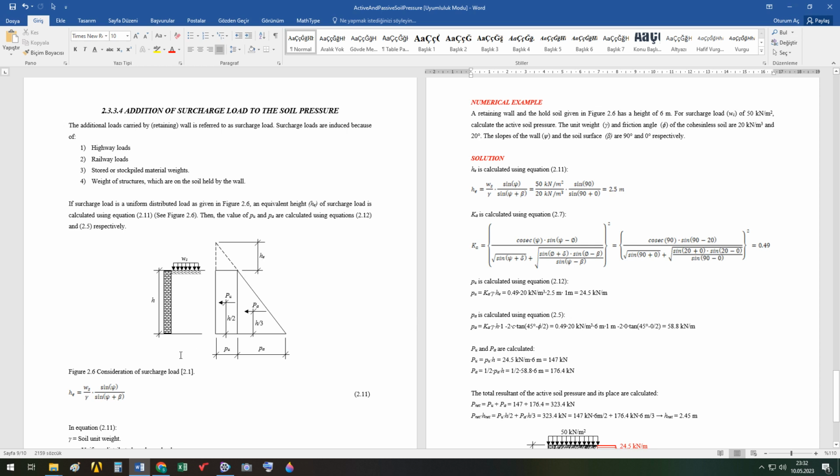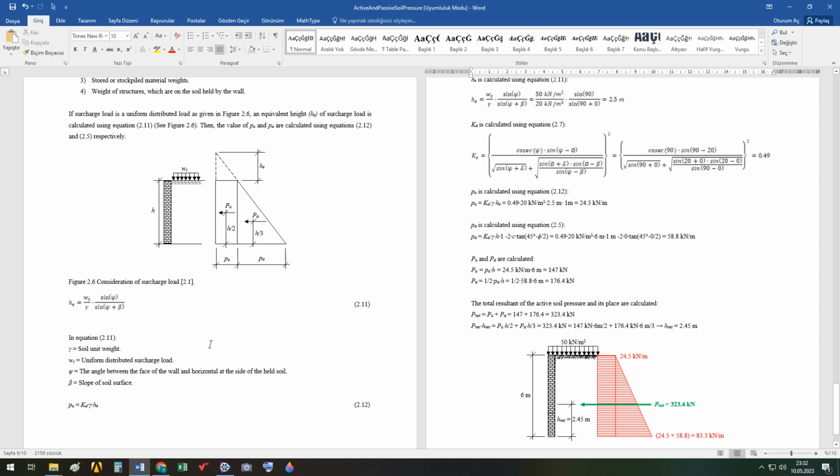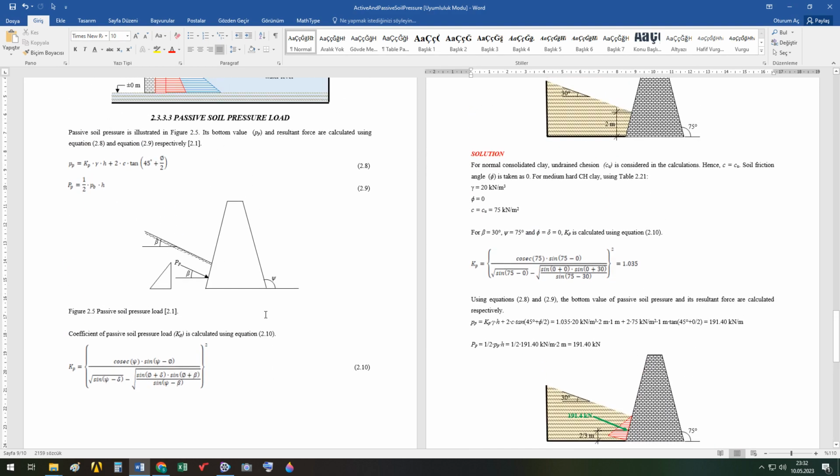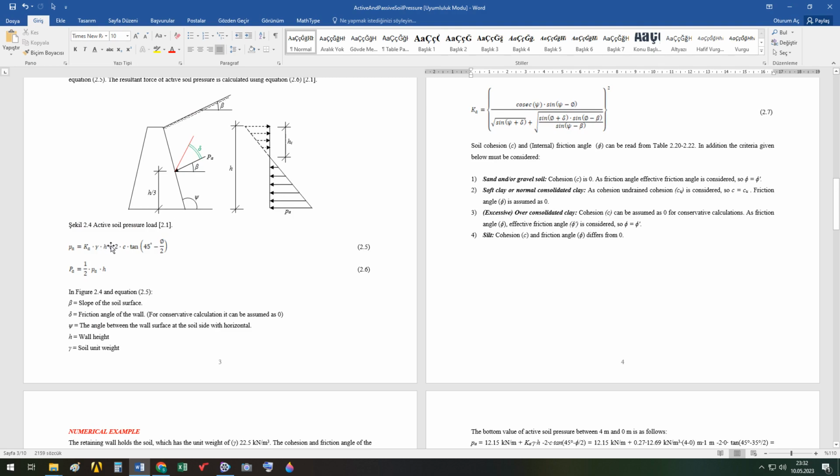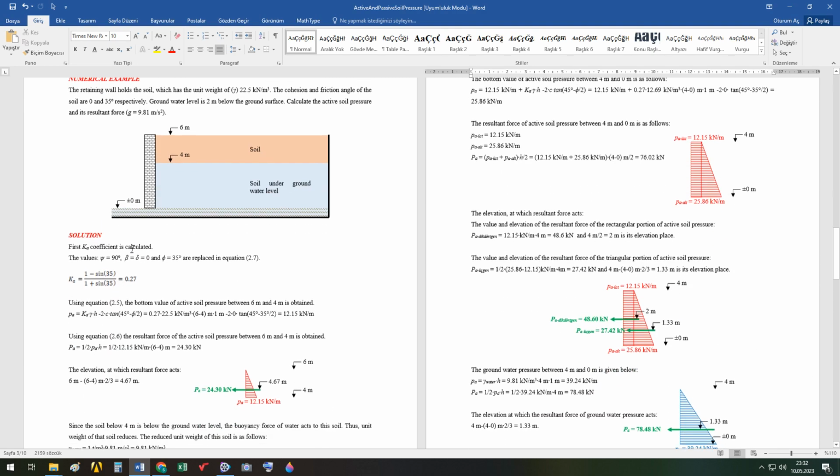So He is calculated using this formula. Then the value of Pu and Pa are calculated using equations 2.12, this equation, and 2.5, which was given here.